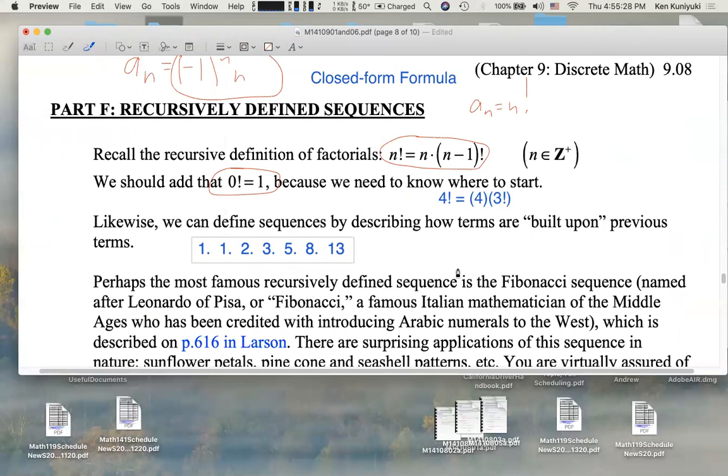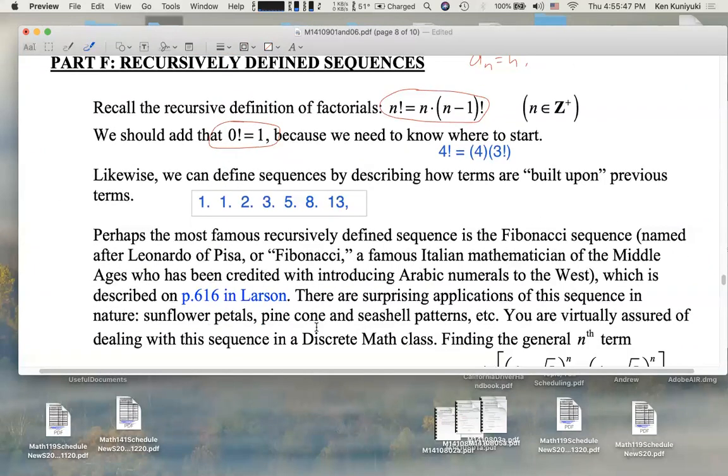It's 13. Well, what's the pattern? I kind of gave it away with my mistake.